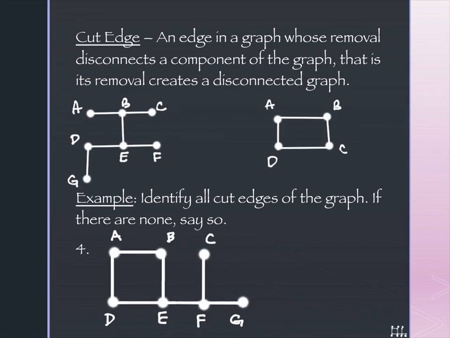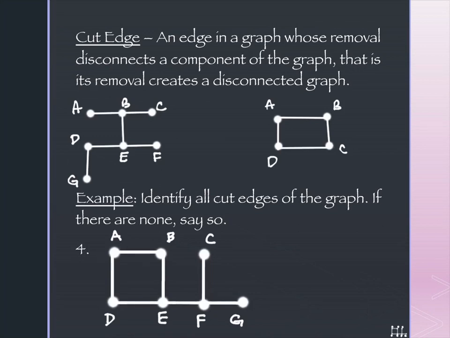The first one has some cut edges, and the second one has none. So let's actually look at what it means to have a cut edge. What it means in the first graph is if there's an edge that I can remove or cut, kind of like cutting a string, and I'll show it as a removal. Let's say I removed the edge BE. I would create a disconnected graph. Therefore, BE is a cut edge.